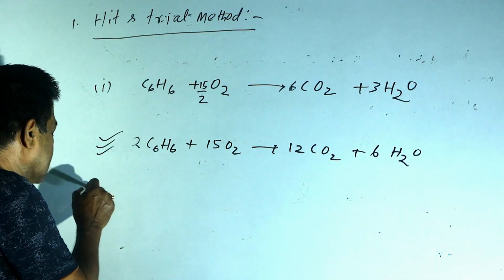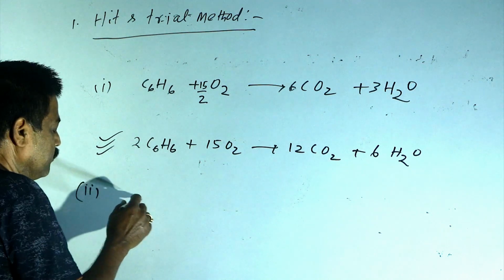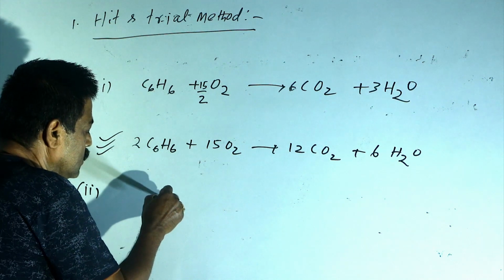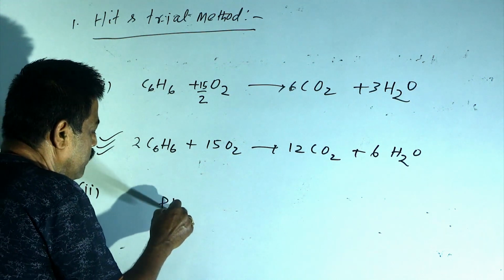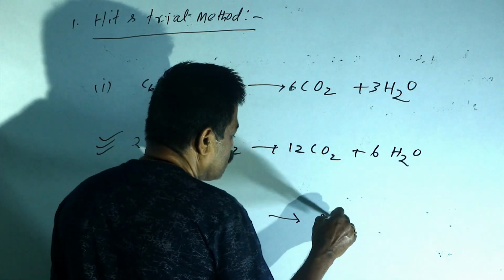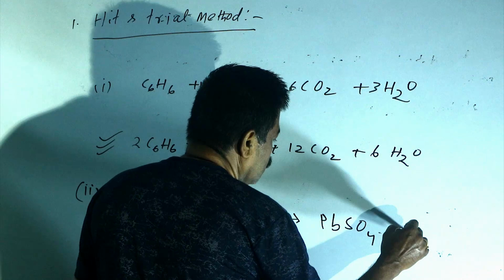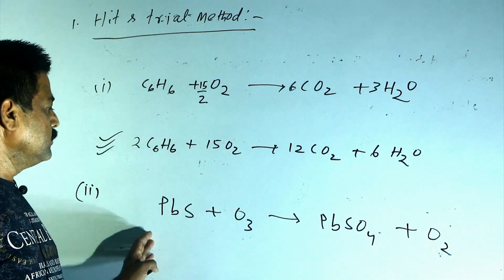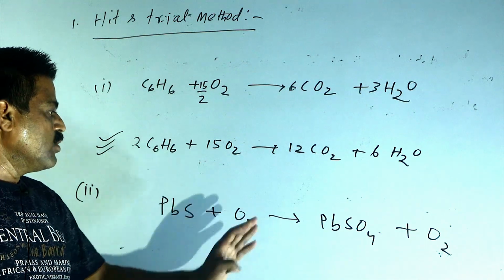Now, let's take another example. PbS plus O3 gives PbSO4 plus O2, let's say. This is again a type of equation.